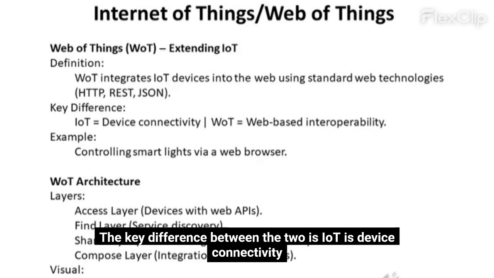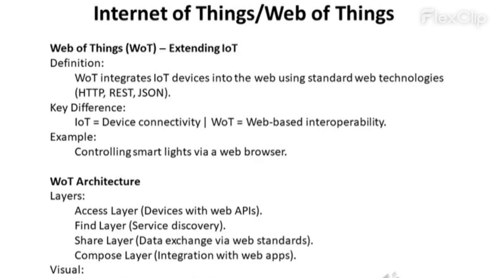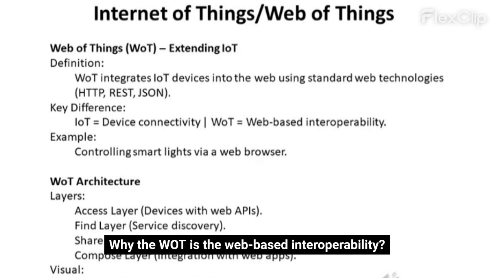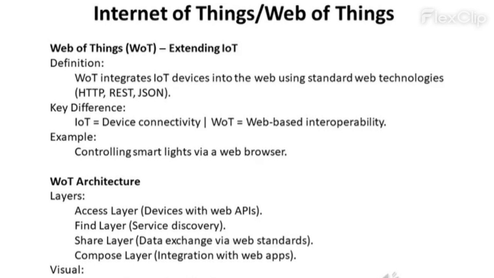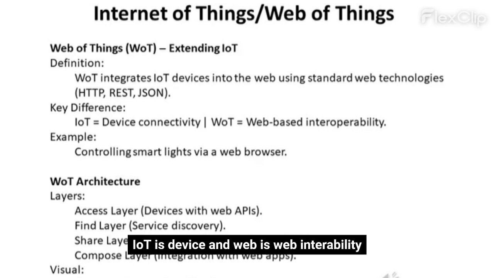The key difference between the two is that IoT is device connectivity, while WOT is web-based interoperability. IoT is device, and WOT is web interoperability.